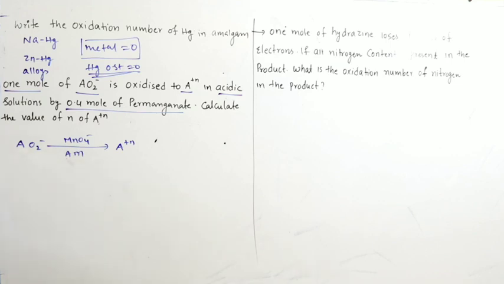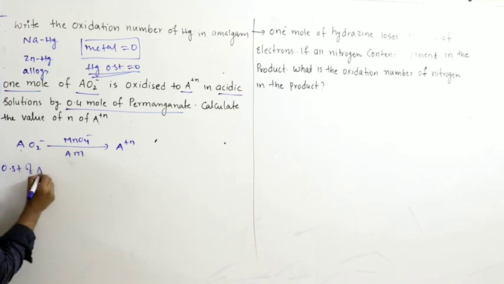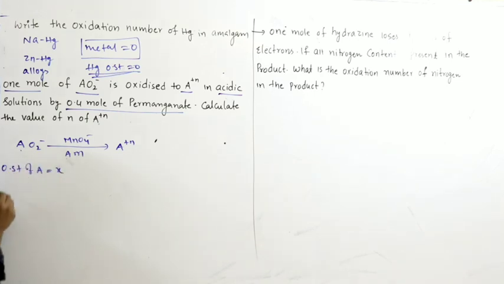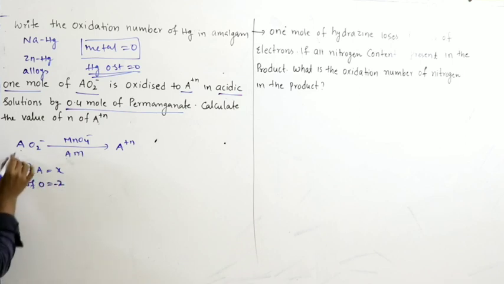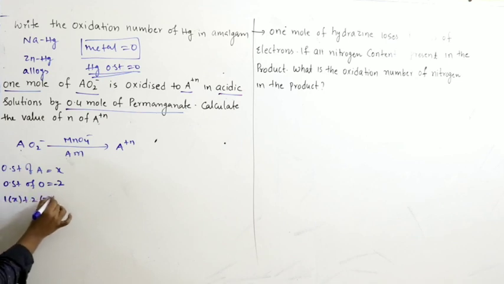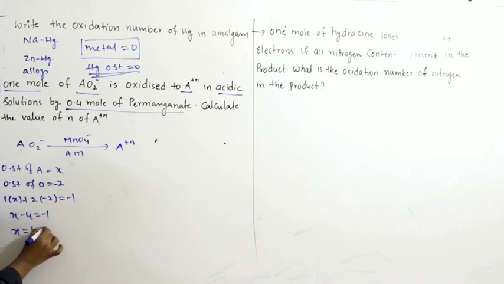First let us find the oxidation state of A here, we do not know. So oxidation state of A, let us assume it as X. Oxidation state of oxygen is -2. So only one A is there, so 1 into X, 2 into -2 equal to -1, X minus 4 equal to -1, X equal to 4 minus 1, that is +3.